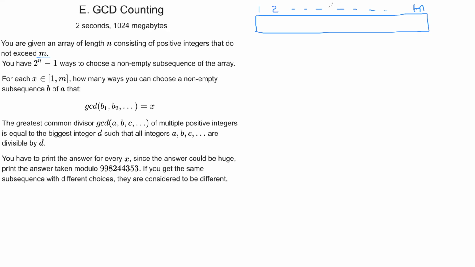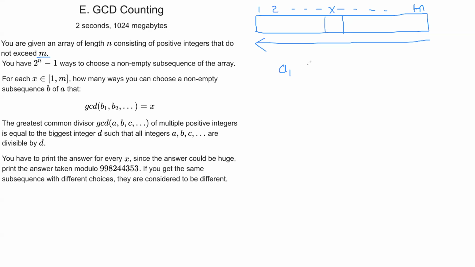Let's say we select number x here. So we need to fill this value. The answer will be computed going from m down to 1, not from 1 to m. Let's consider some arbitrary number x. Now let's count how many numbers in the whole sequence are divisible by x.